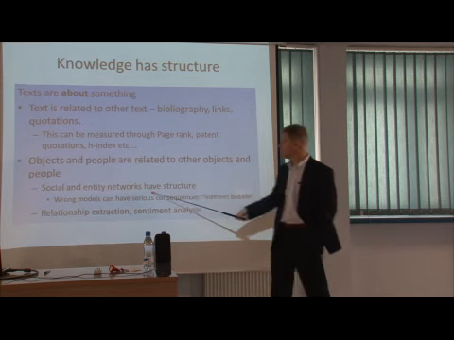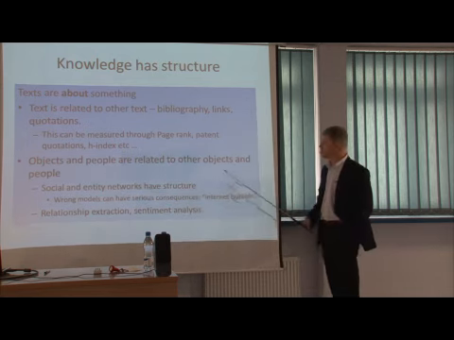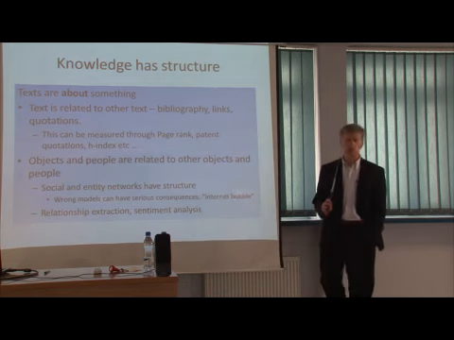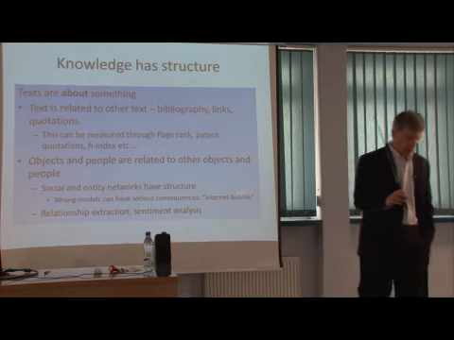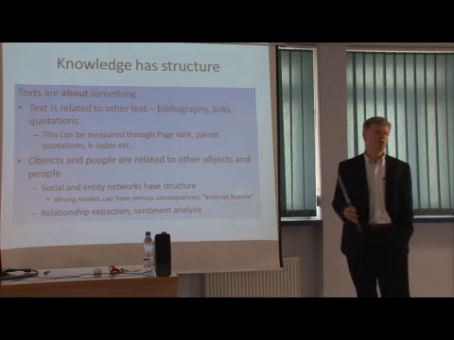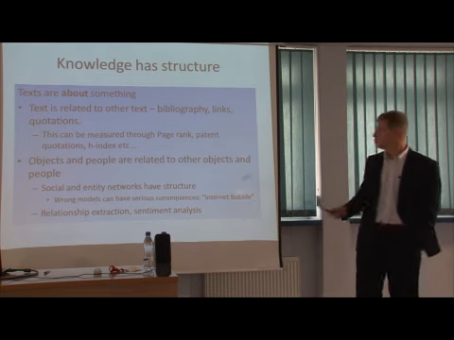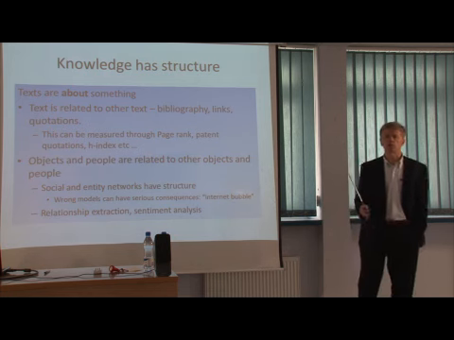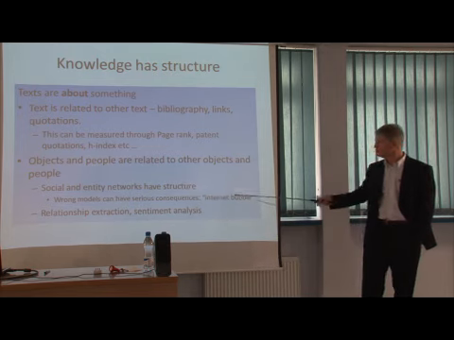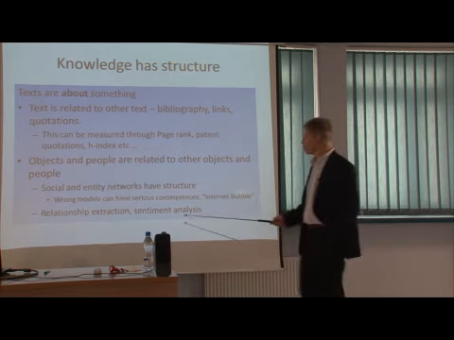And the wrong models of this structure can have serious consequences. I don't know if we have time to go into it, but basically what I meant is that it can be argued that the internet bubble in the late 90s had to do with the wrong model of the internet, the idea that it's going to be quadratic growth instead of n times log n.